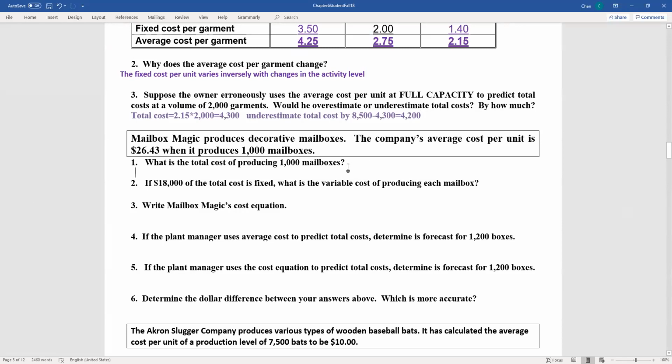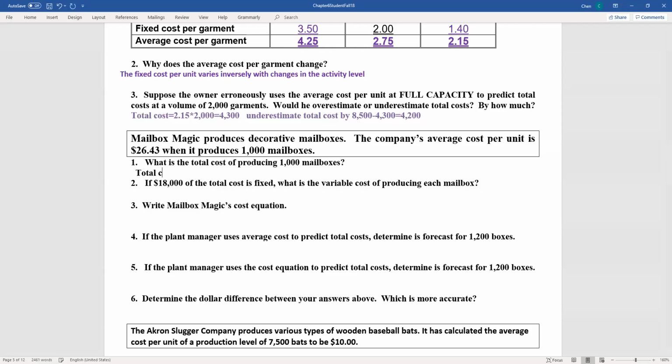The company's average cost per unit is 26.43 when it produces 1,000 mailboxes. What is the total cost of producing 1,000 mailboxes? We know the average cost per unit is 26.43.